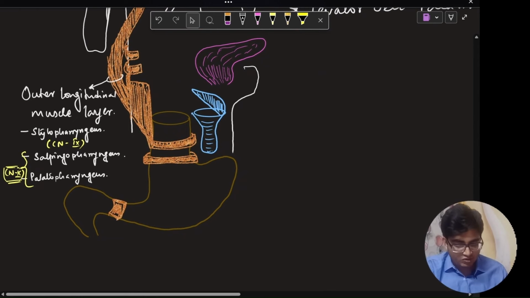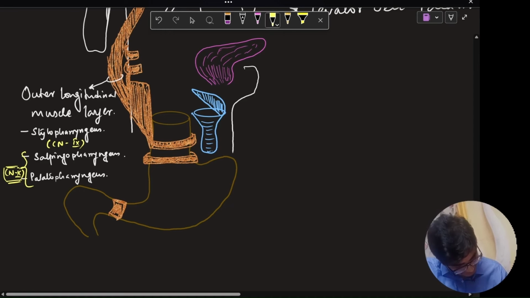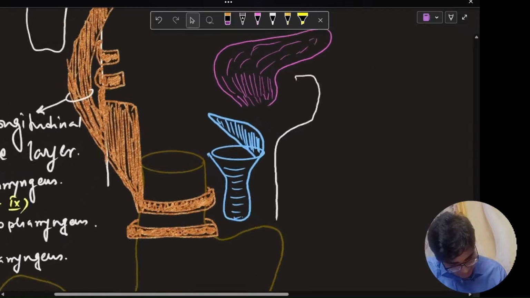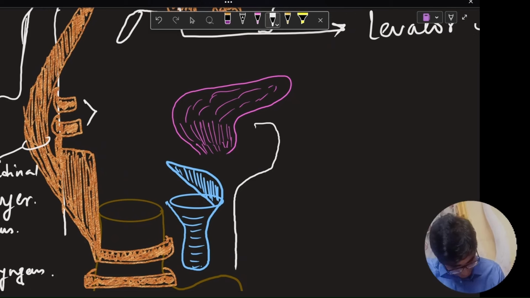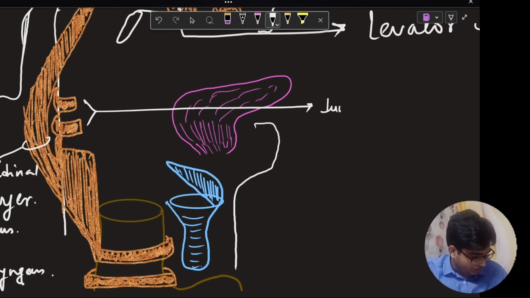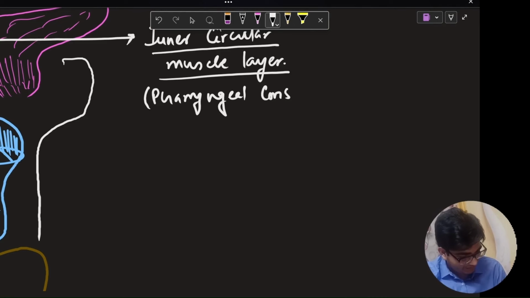This is about the outer longitudinal layer of the pharyngeal muscles, whereas these are your inner circular layers, the inner circular muscle layer, the pharyngeal constrictors, correct?